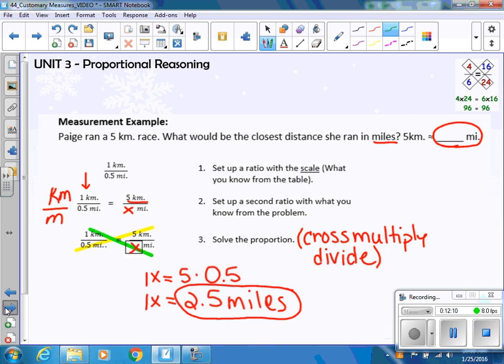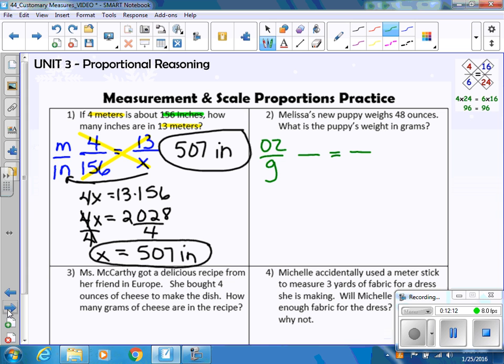So let's go back to our sample problem. 1 ounce is 28.35 grams. And then what else is given to me is 48 ounces. So I plug it in. And then all I'm going to do is cross multiply. So I'm going to have 1 times x, which is 1x.